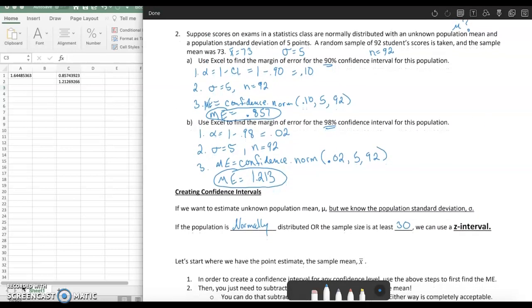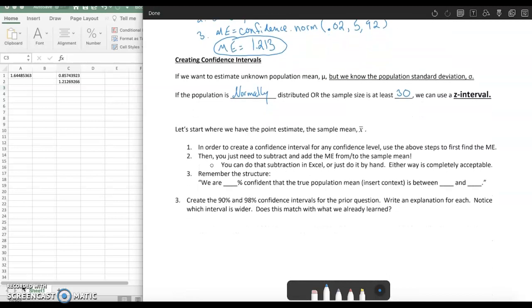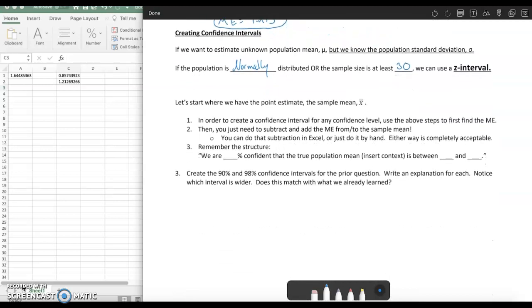We're going to first find that margin of error, and that requires us to use an Excel command along with some other work. Then, once you have that margin of error, all we need to do is add and subtract that to the sample mean x bar, and that creates the confidence interval.